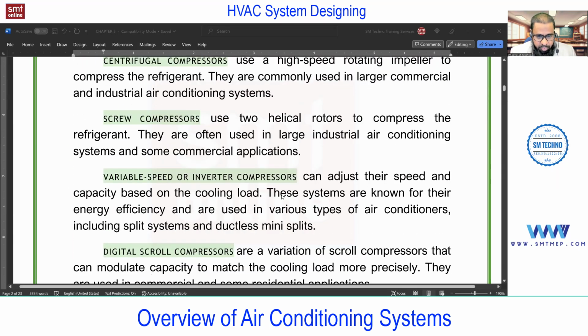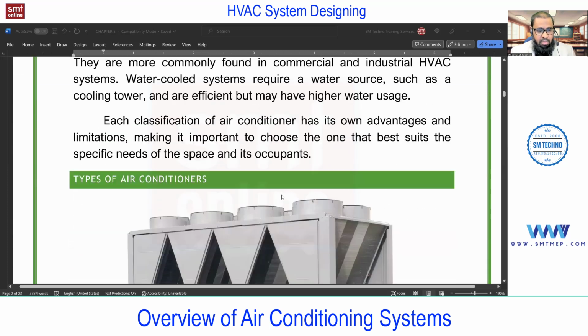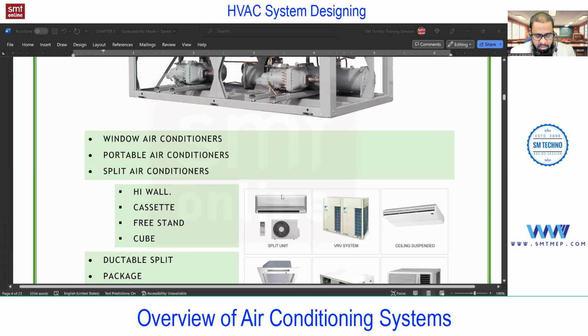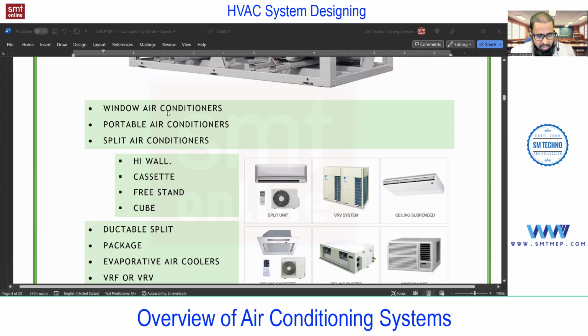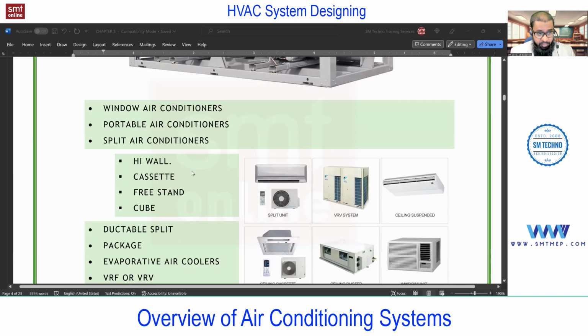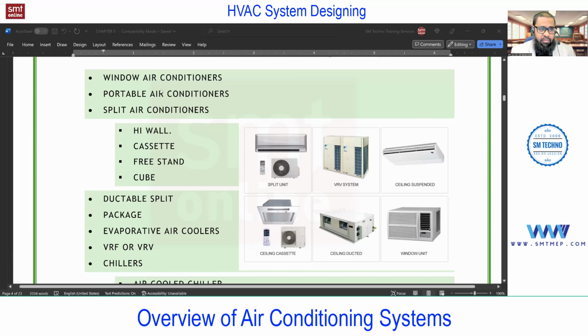Now the important topic starts from here: types of air conditioners. Today let me read these types first, then we'll expand these types in detail. If we talk about the types of air conditioning used in actual practice, first in the list is a window AC, commonly used for small spaces, and I think everyone is aware of this.